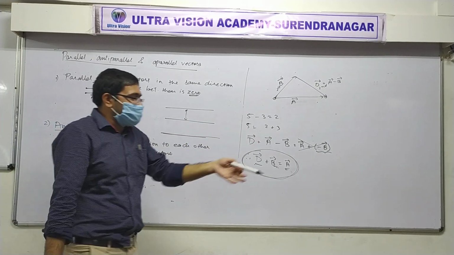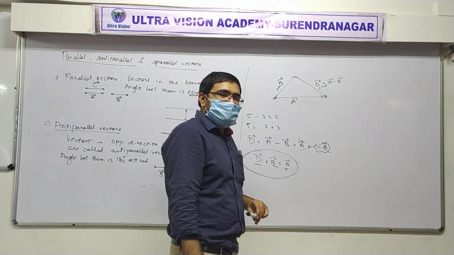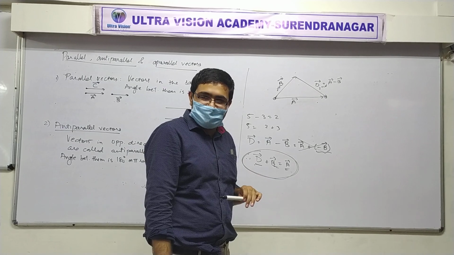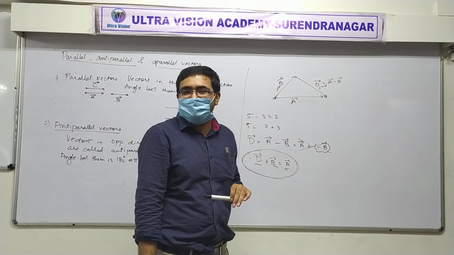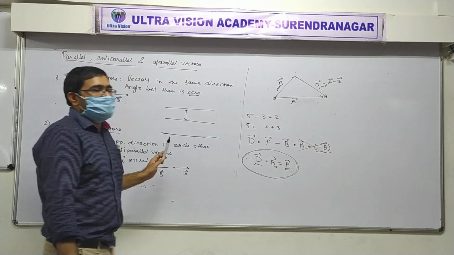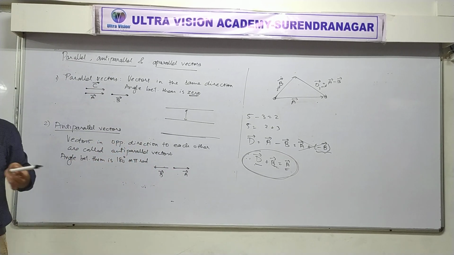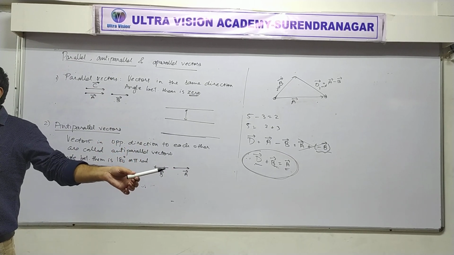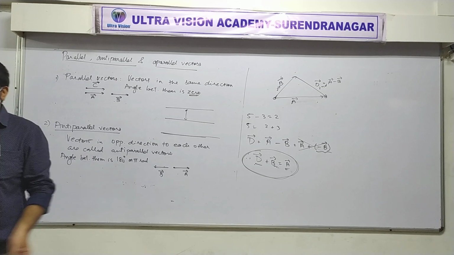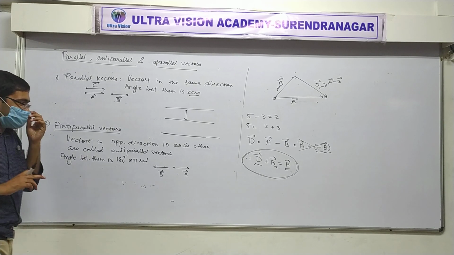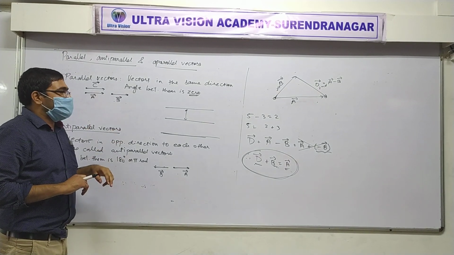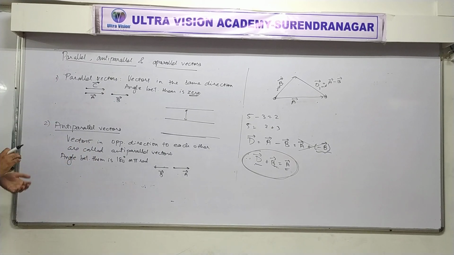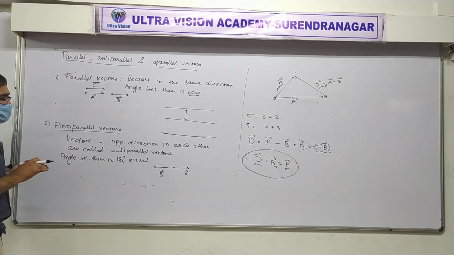So if you are going this way and now you have to go that way, do you turn by 0 degrees? No. By how many degrees? 180. Is something unclear? From there to here, you have to turn by an angle of 180 degrees. So that's the difference between lines and vectors. Right? Okay. The angle between them is 180 degrees.